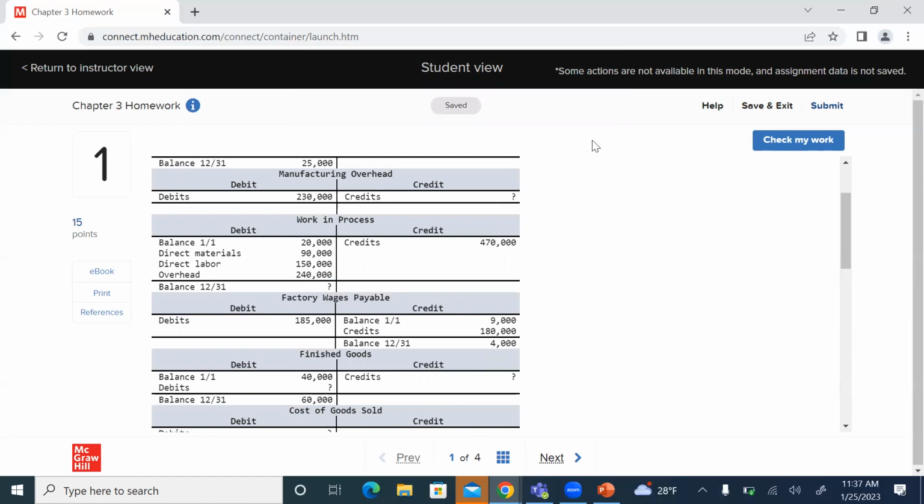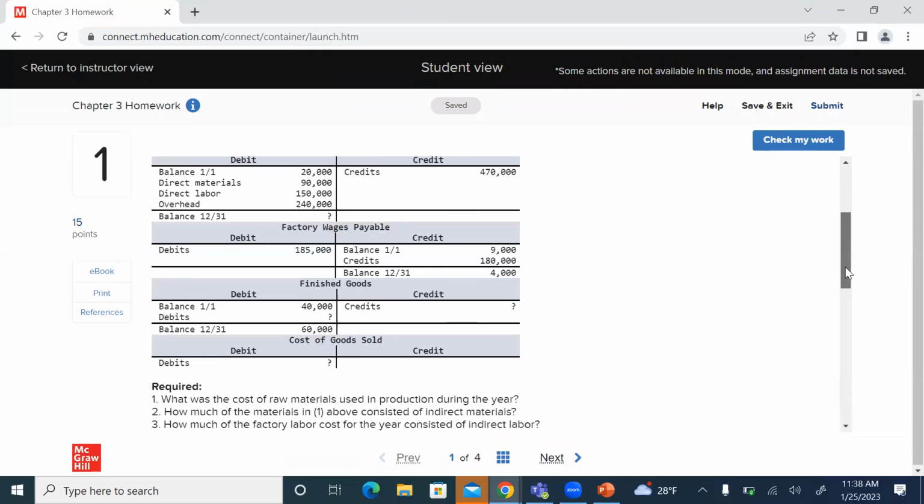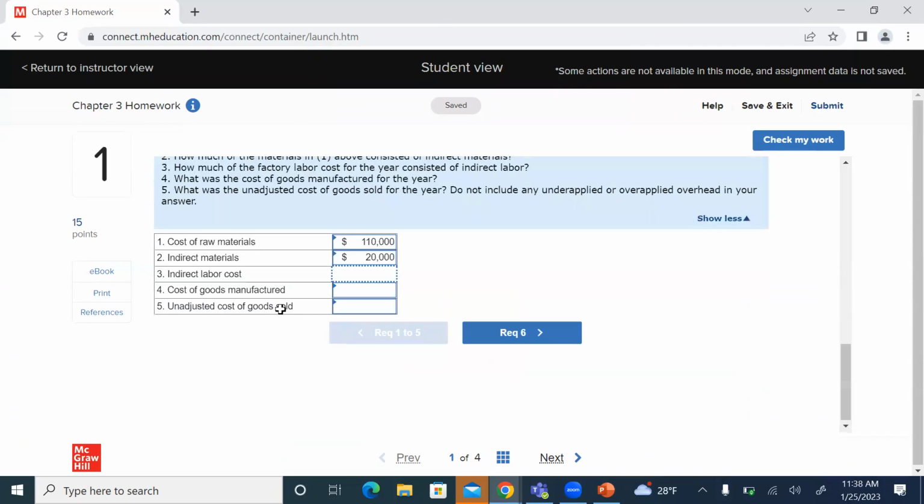That make sense? Or is it based on what debit amount of factory wages payable, was it 185? That means they paid the cash. But what was credited means it was given somewhere. So the 180 minus the 150, wouldn't our indirect labor cost be 30?